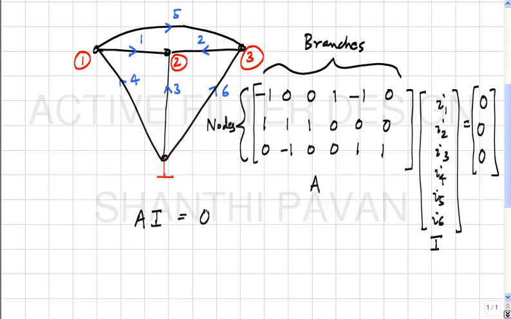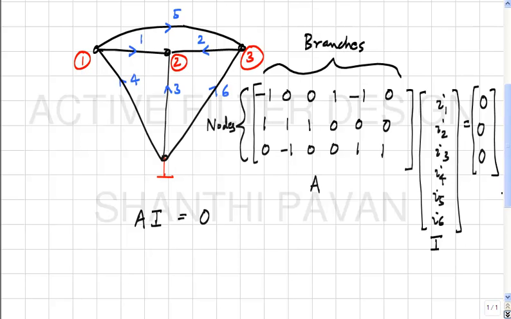Now, given that we know where the branches are originating and ending, from the matrix A we can figure out, for example, that the fourth branch starts from node 1 and goes to ground, or starts from ground and goes to node 1. So, if one wants to find the branch voltages in terms of the node voltages, a branch is joining two nodes, correct?